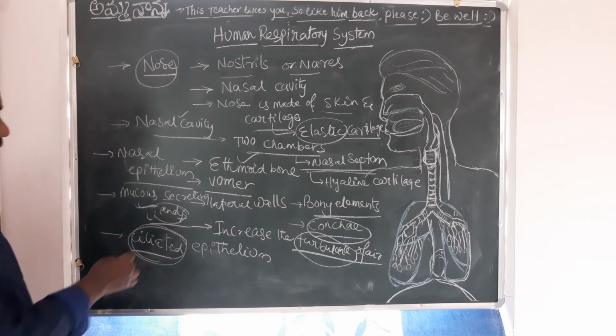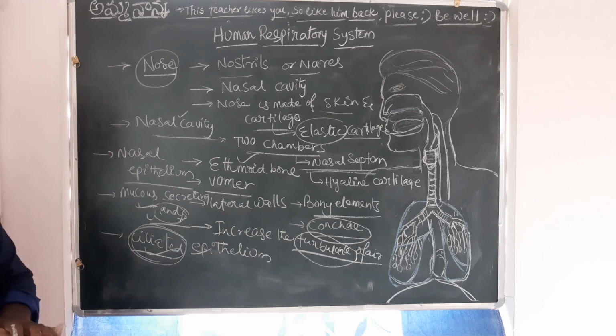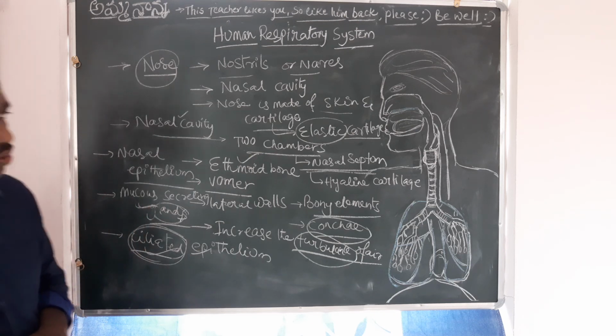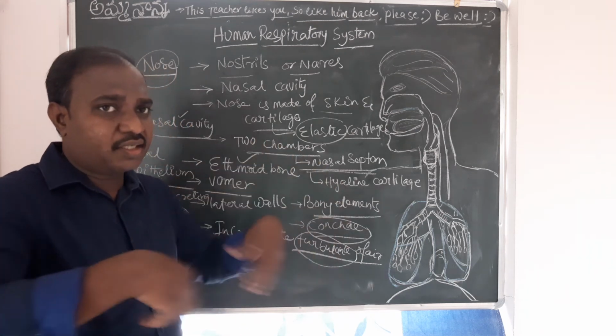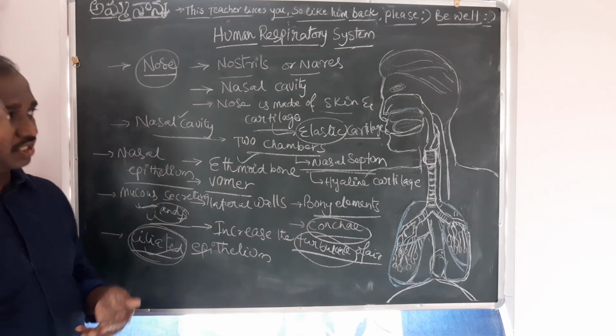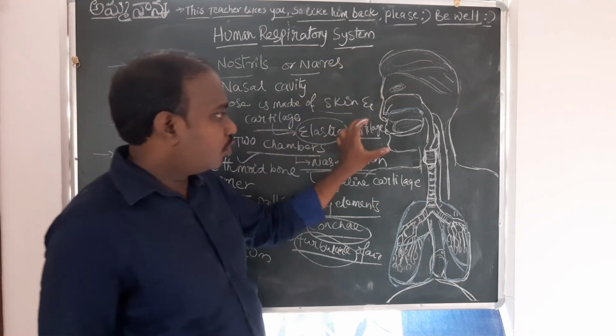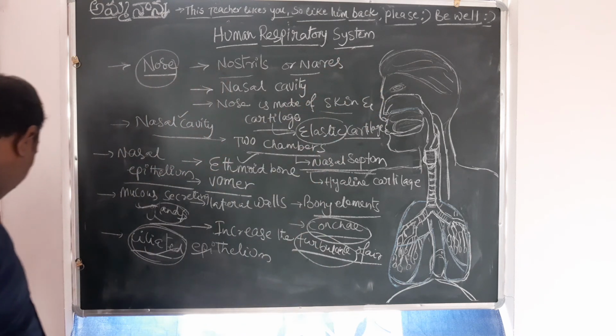This nasal epithelium is actually the ciliated epithelium, which has the mucus so that all these dust particles can be trapped, and as they move to the throat, they can be coughed off, just spat out from the throat itself. Yes, so those are the upper respiratory part structures.